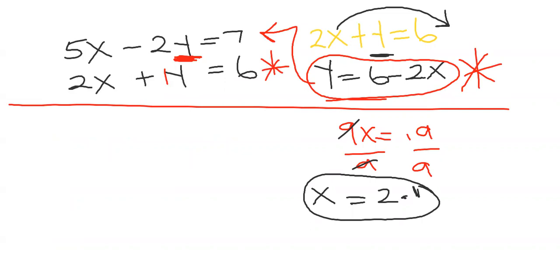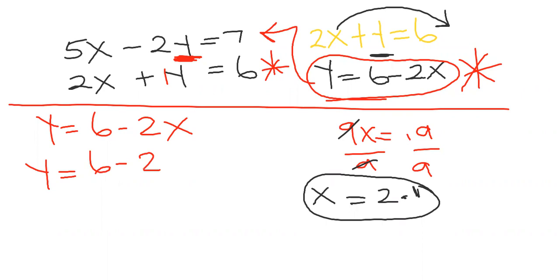So it says y is equals to 6 minus 2x. So we rewrite that equation, but now this time we are putting in the new value of x that we have. So it means we are going to have y is equals to 6 minus 2x. Our x is 2.1. So we put a 2.1 there.